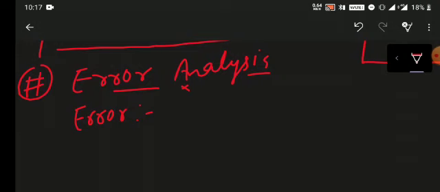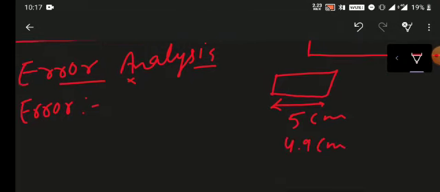For example, suppose you measure the length of a rod, and the measured value is 5 centimeter. But the actual value is 4.9 centimeter. It means there is an error between the two values, which is 0.1 centimeter. This is called the error.